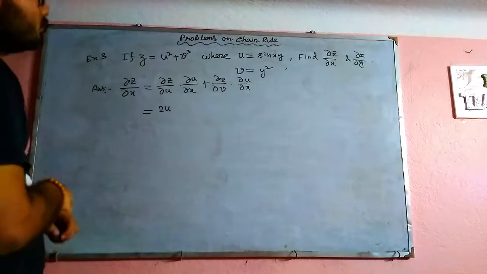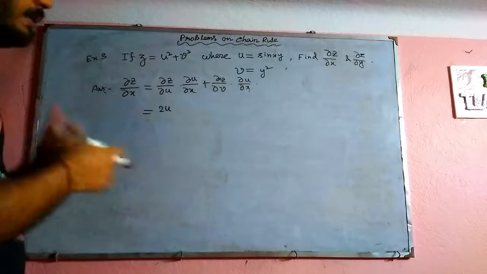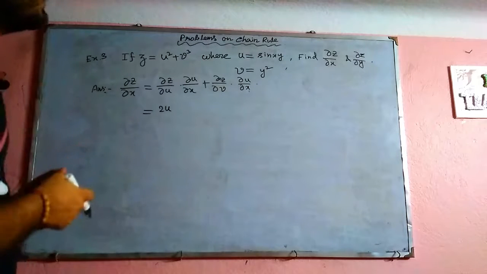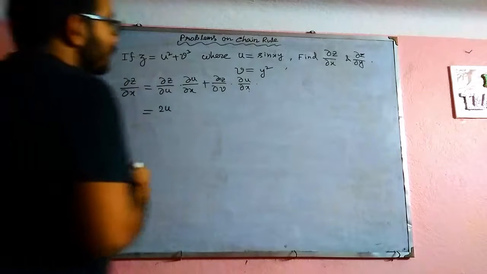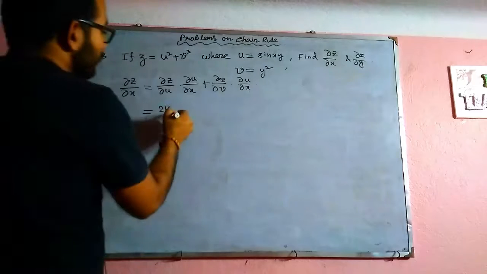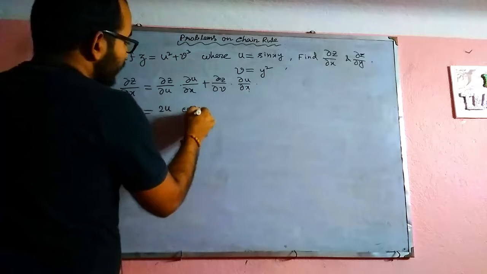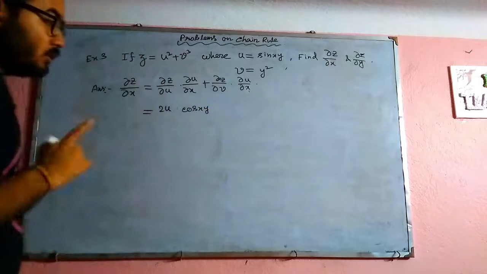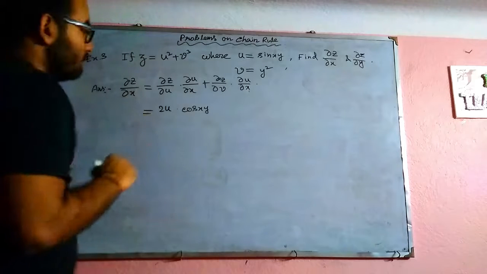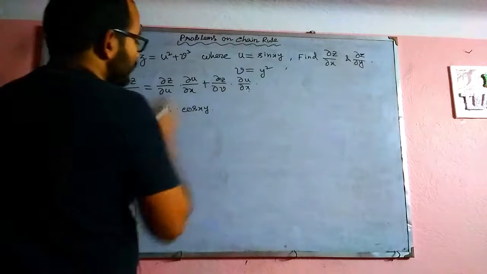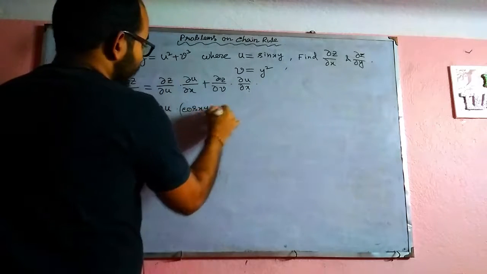So when we partially differentiate u with respect to x, then we have to keep y as constant. So here del u del x is cos xy, and then we have to differentiate the xy, into y.